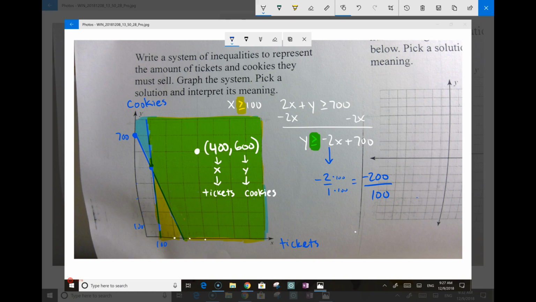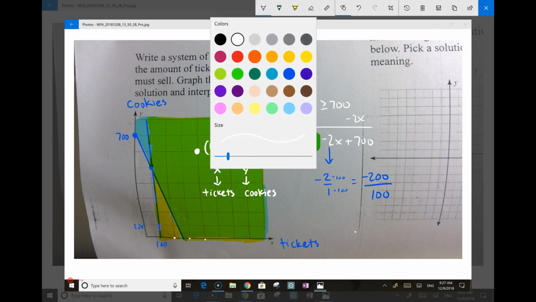Yes or no? So let's go back to the scenario that we had earlier, where you want to sell a certain amount of tickets and cookies so that you make at least $700. That has to do with the second inequality that you see on the right side.